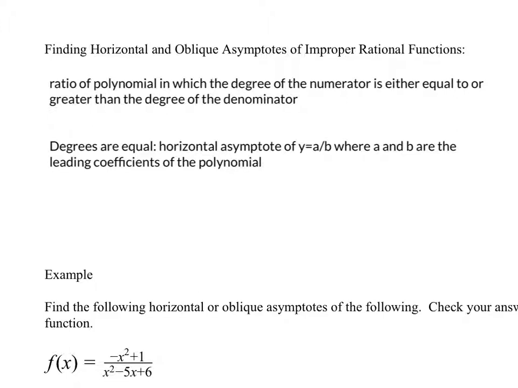So if the degrees of your rational function in the numerator and denominator are the same, you just divide the leading coefficients to get your horizontal asymptote. So it's still y equals.